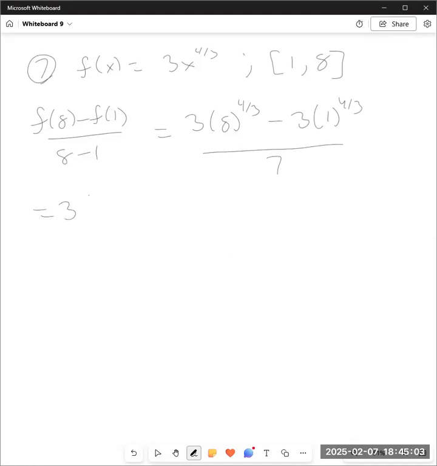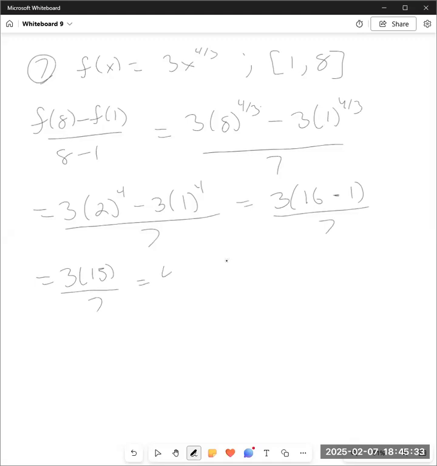This is 3 times, and then the cube root of 8 is 2 to the 4th, minus 3 times the cube root of 1, which is 1 to the 4th, over 7. 3 comes out as a common factor here. 2 to the 4th is 16, minus 1 to the 4th is 1, over 7. So this is 3 times 15 over 7, which is 45 over 7.